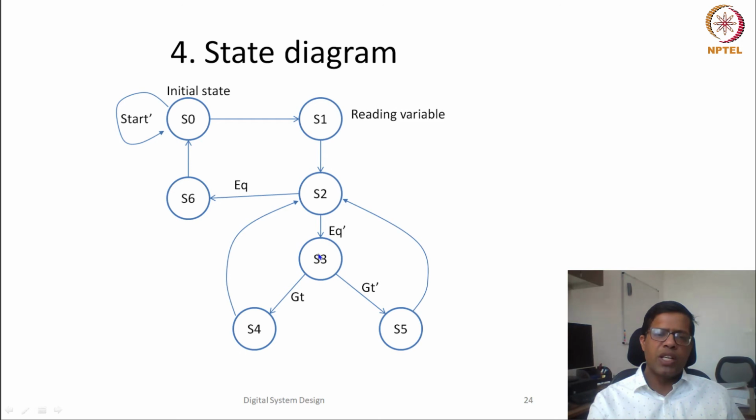If it is greater, then it could have gone here, so we could have merged S2 and S3 also. But if it is equal, then we are going to the S6 state. In S6 we are finally writing the results, and after writing the results we can go back to the S0 state.